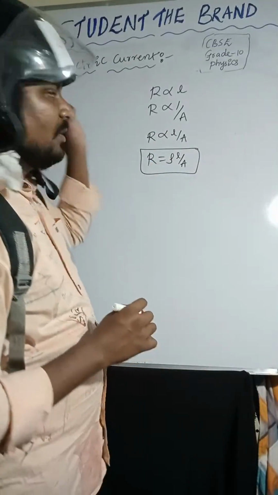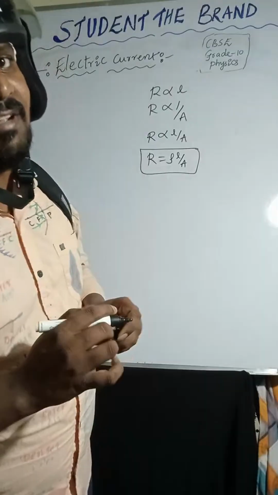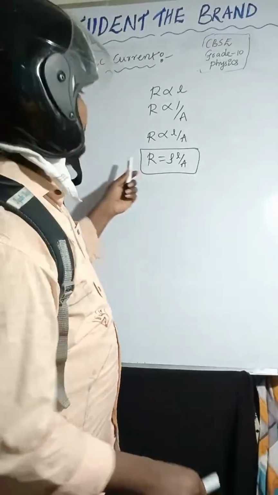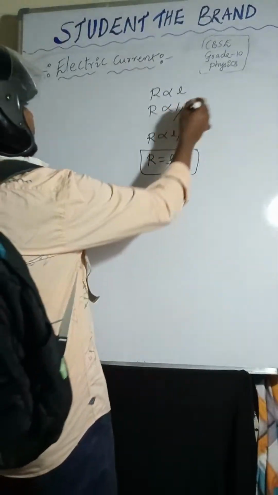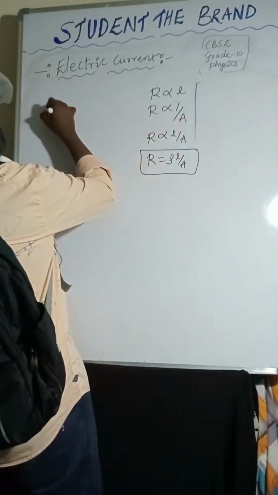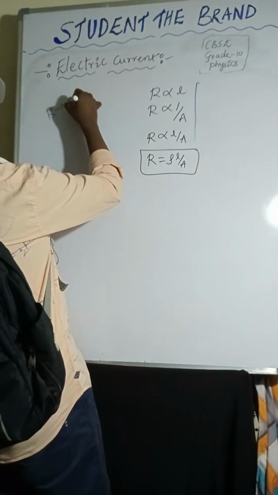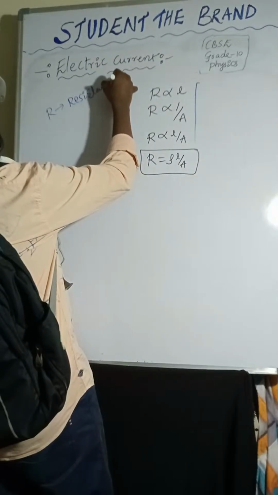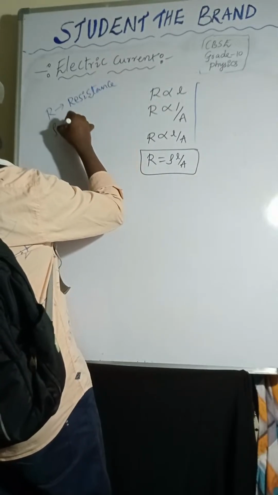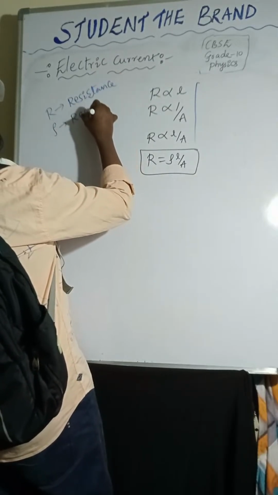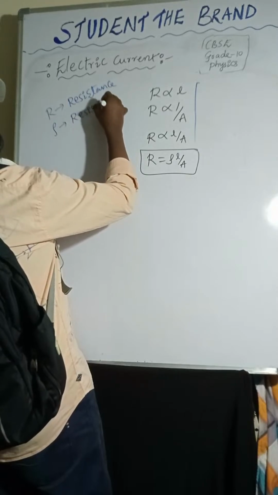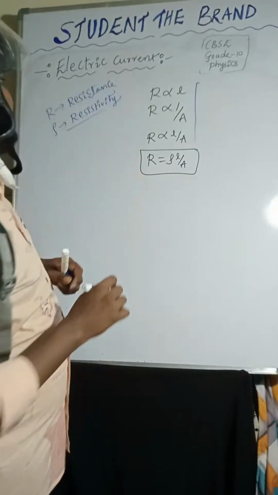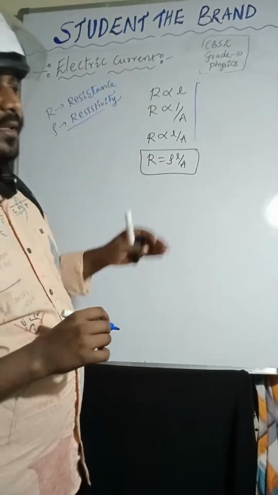Here, the SI unit of resistivity is very important. R is resistance and rho is resistivity.